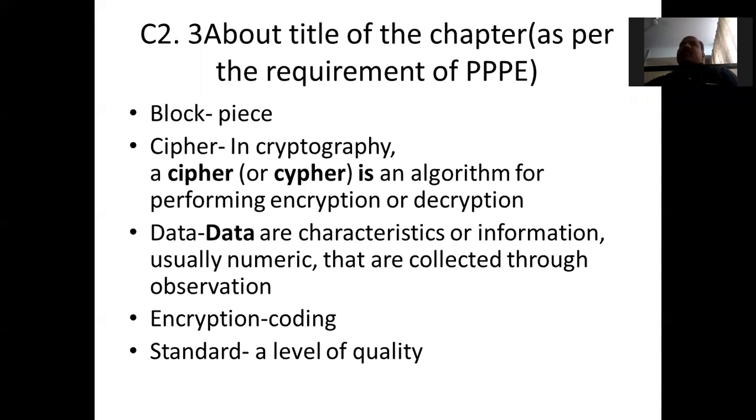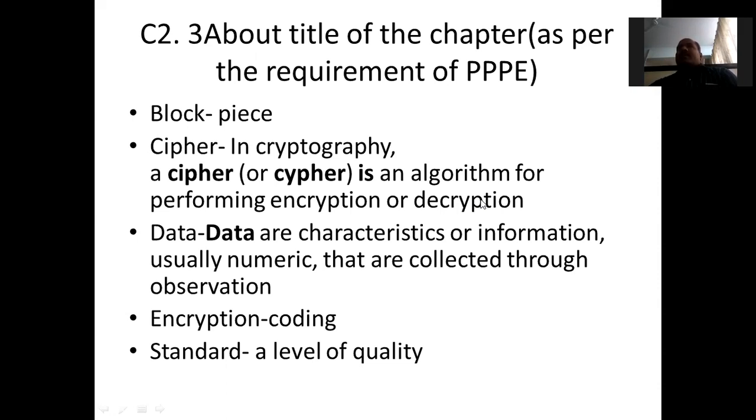So whatever algorithms we have studied, these are the cipher algorithms, for the encryption purpose and again for the decryption purpose. And the data are characteristics or information, usually numeric, that are collected through observation. That is called the data here.